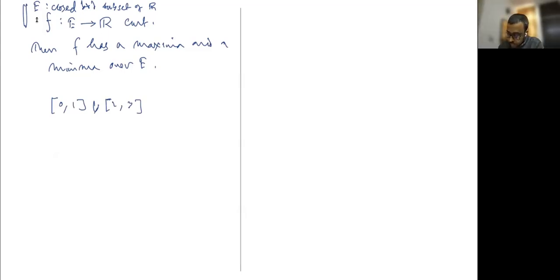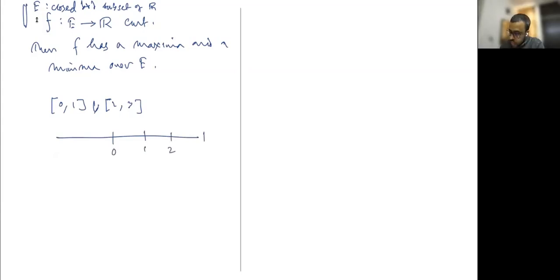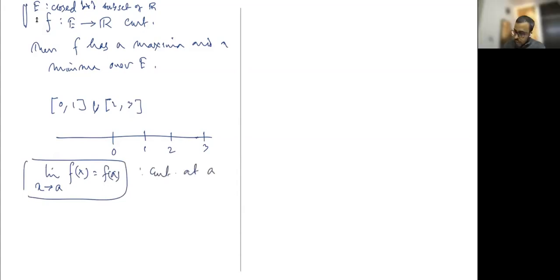Yeah. So the points where you have doubt would be 0, 1, 2, 3, right? So now let's go back to the definition of continuity at a point. So this is continuity at a, right?